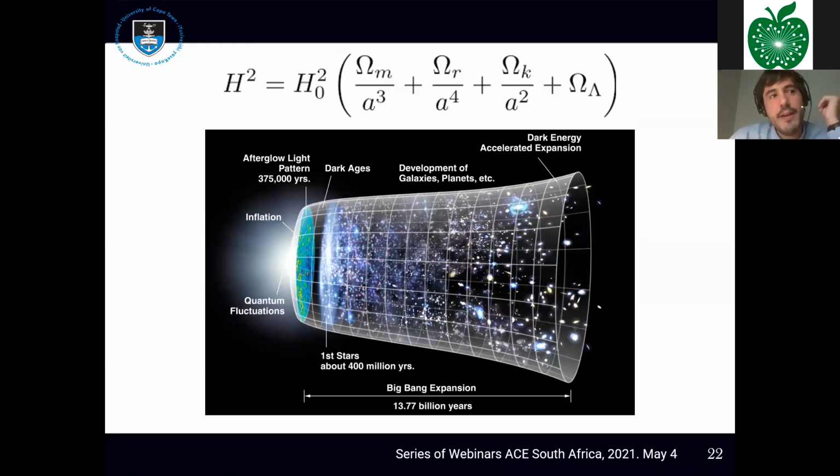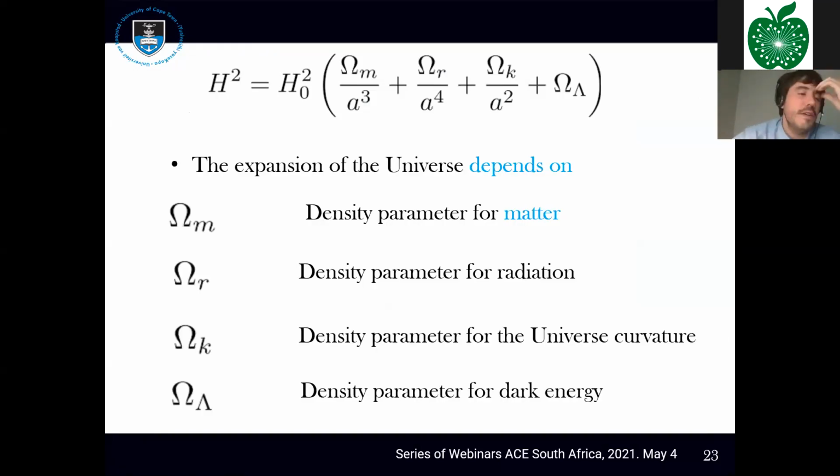So we have here the rate of expansion of our universe. This H depends on time. What I would like to focus on here is that the rate of expansion of our universe depends on these four constants. If we set these constants, we will know more or less how our universe is expanding.